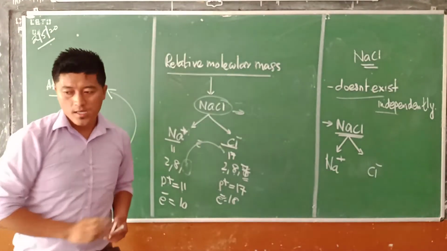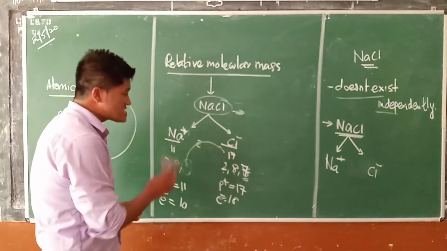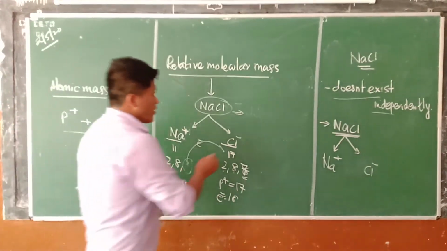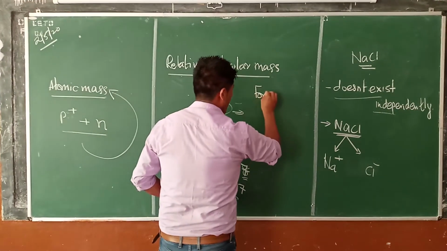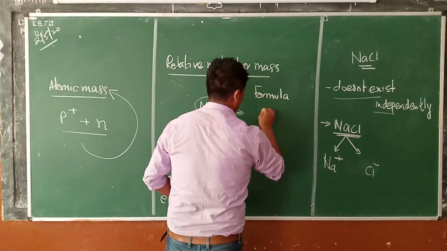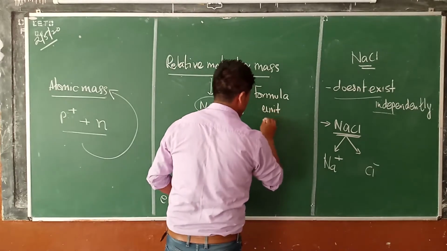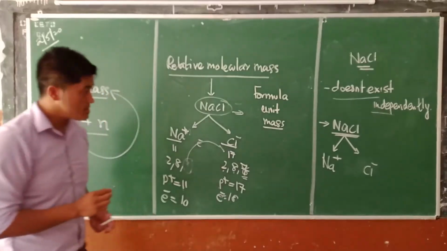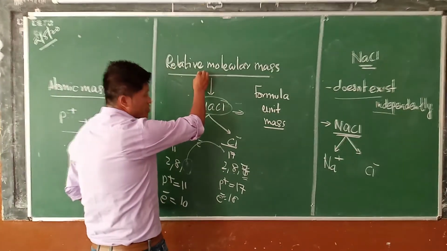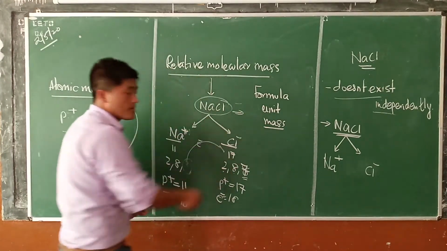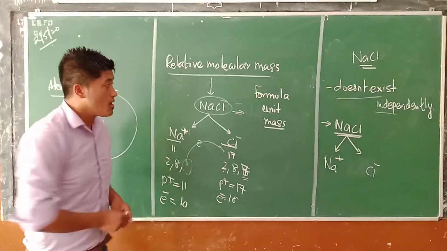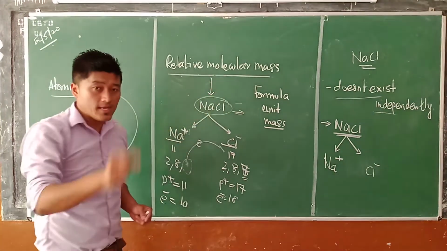Is that clear? There is a slight difference in the usage of the term. Formula unit mass. Relative molecular mass and formula unit mass somehow have the same kind of values. But are they different? Yes.